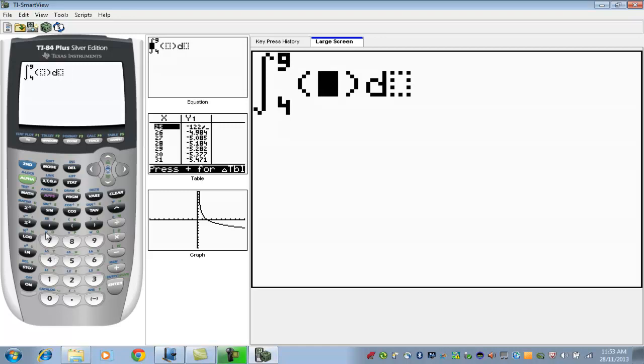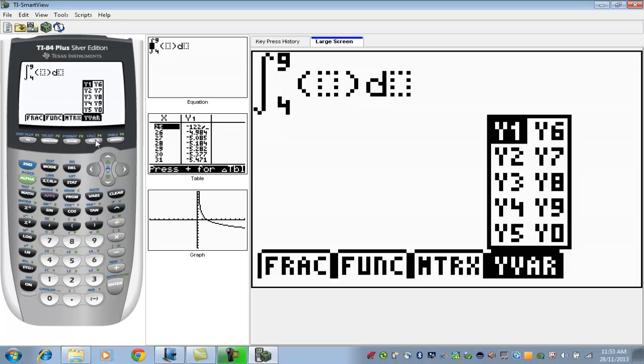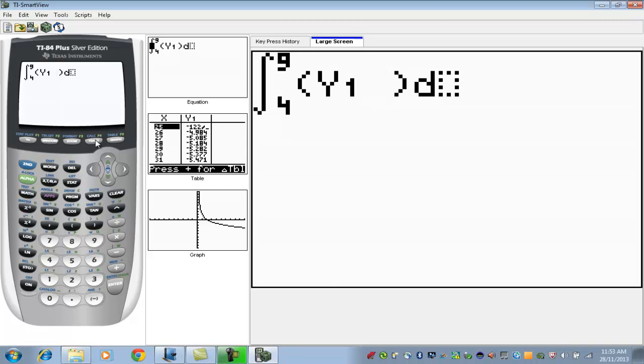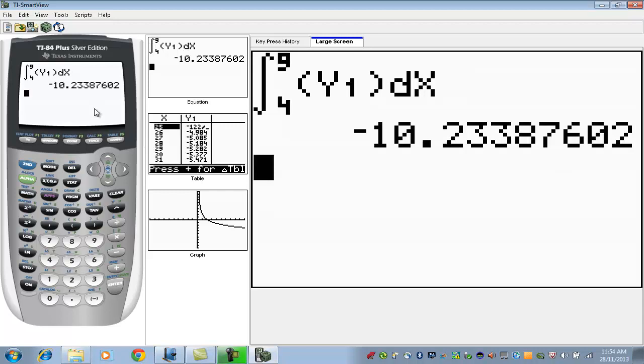And this function, remember, this is actually our y1. So let's go to alpha f4, press enter. And because we are integrating with respect to x, we have to key in x here. The next thing you have to do is to click onto enter. You'll get the final answer.